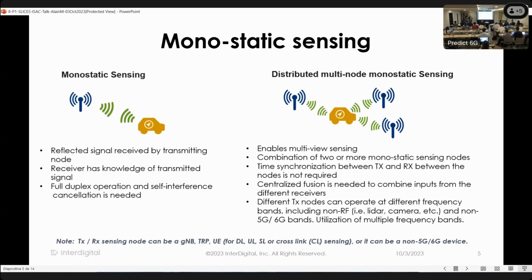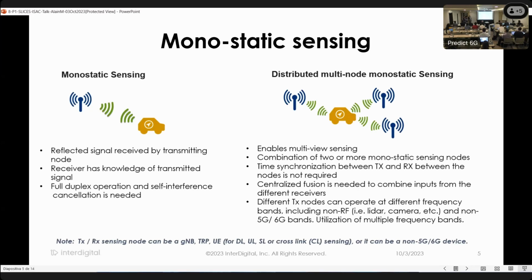There is a requirement for full duplexing, pretty much like Jörg already introduced. Because we are transmitting, we need to be receiving the echo of the target that we are sensing at the same time. Now, it happens that most likely the reflected signals from the echoes are going to come from a different direction, so naturally we'll have some form of self-interference cancellation, but still, I think there is a push to try to get that fully proven full duplexing capability to enable that monostatic sensing mode.